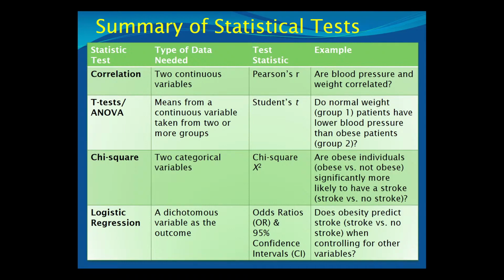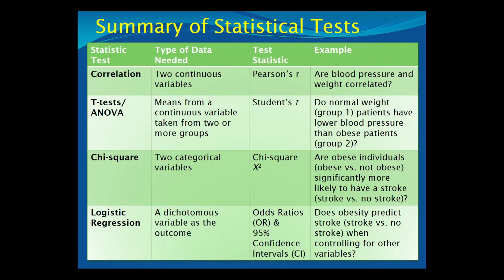To answer a question, for example, are obese individuals, obese versus not obese, significantly more likely to have a stroke, you should use chi-square test because you are interested in two categorical variables.